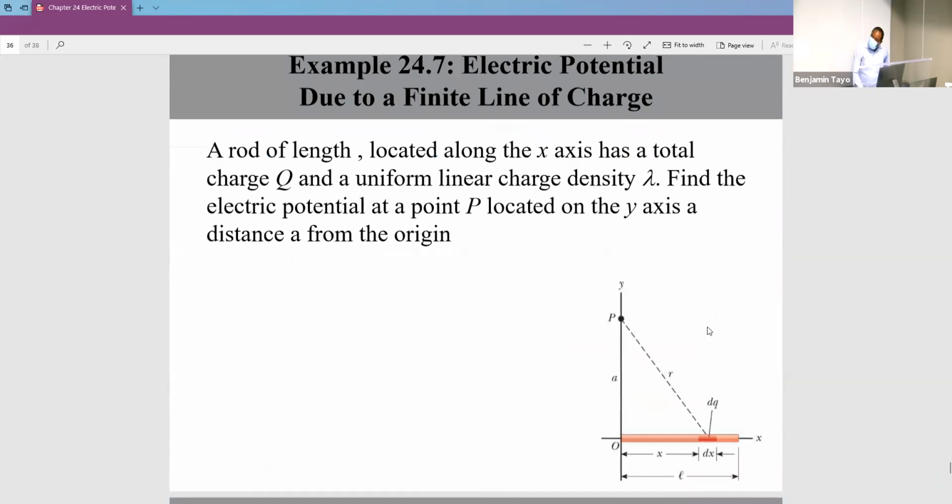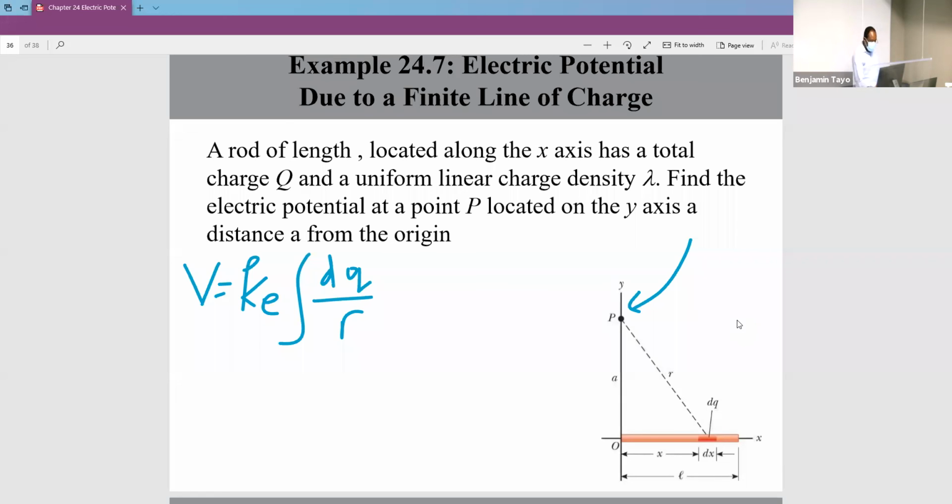Now, you should remember this from the drill. From the drill, again, you want to calculate the potential at this point. You just want to set up this integral here. So this is KE times the integral of dq divided by r.